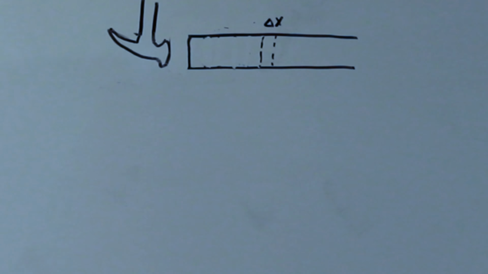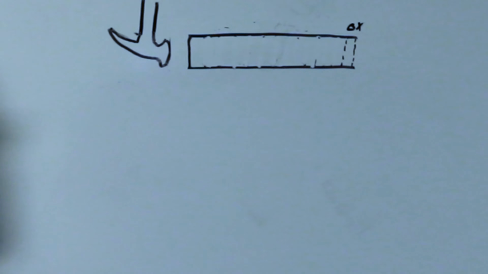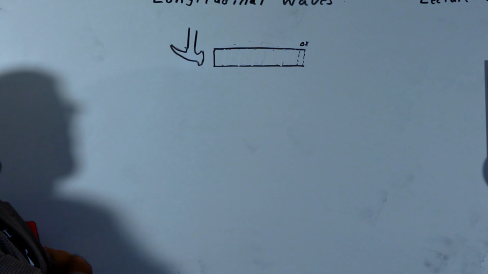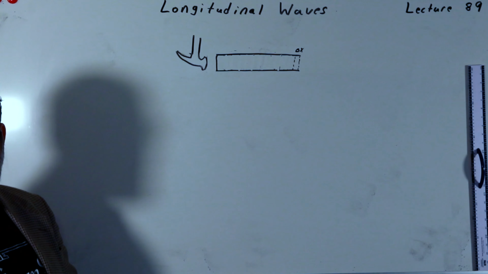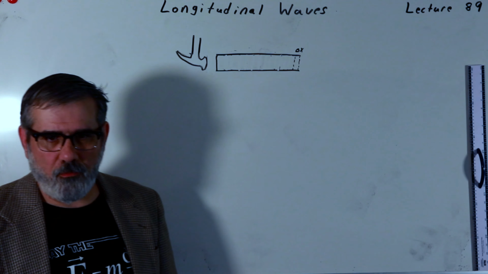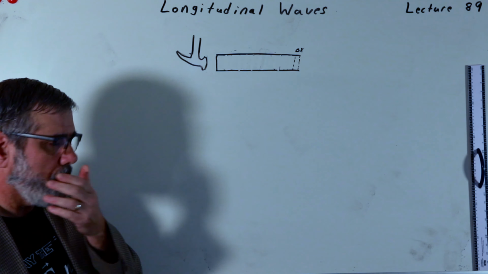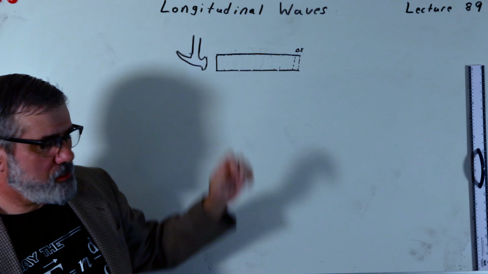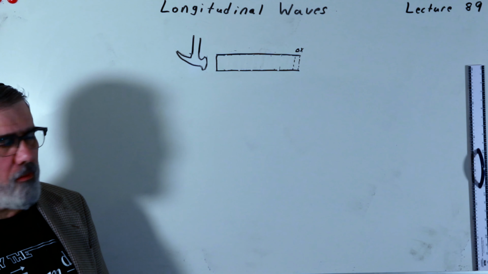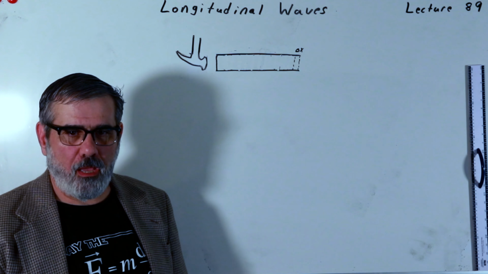The little compressed region is moving its way through the rod until it reaches the end of the rod, or continues going off to infinity if it's an infinitely long rod. Whatever. But this is this longitudinal wave that is propagating across the rod.